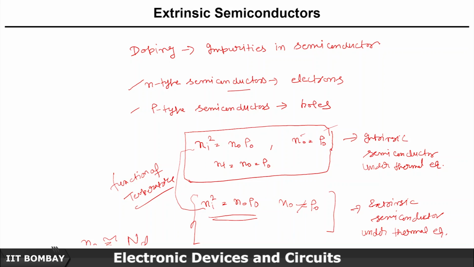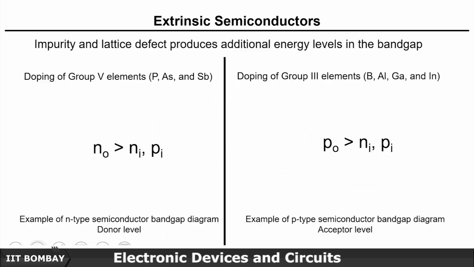Now the question comes: how do these band diagrams look in case of extrinsic semiconductors? We will talk about that. Let us first discuss the n-type semiconductor, where we assume a silicon lattice with a few atoms replaced with a group 5 element, either phosphorus, arsenic or whatever you can use.